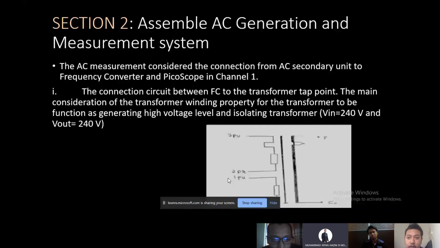The main consideration is the transformer winding property, for the transformer to function in generating high voltage level and as an isolating transformer, where V in is equal to 240 volt and V out is 240 volt.